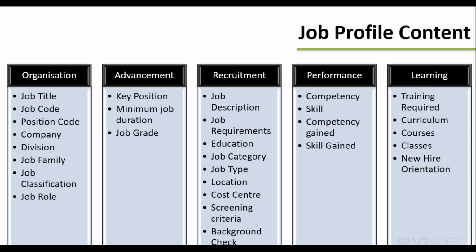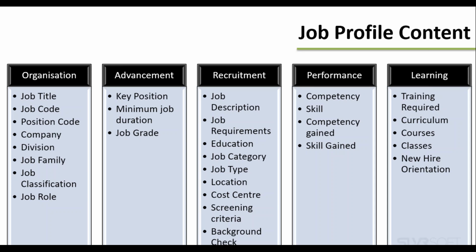For advancement, that is looking at, is this a key position or not? It also looks at the job grade, which is important from a promotional perspective. And then minimal job duration is guiding the career pathing. So if I need to be in this job for at least 6 months, it's setting the expectation.